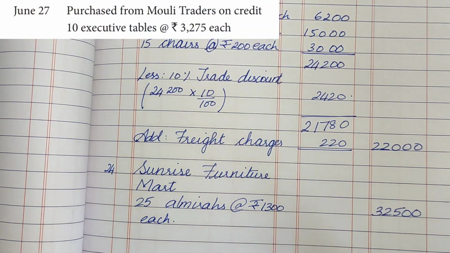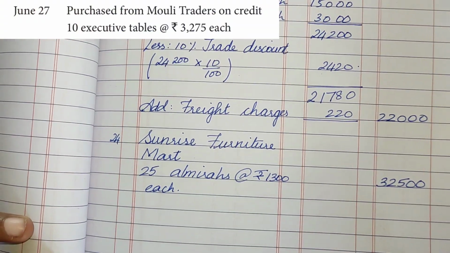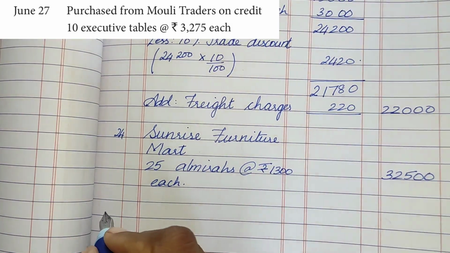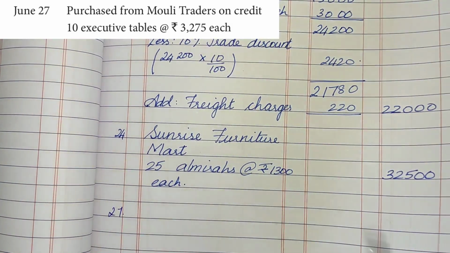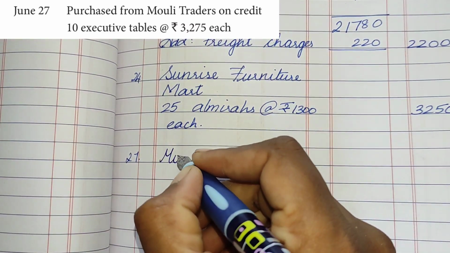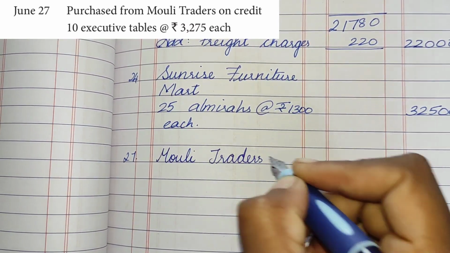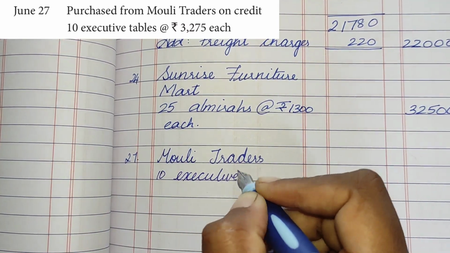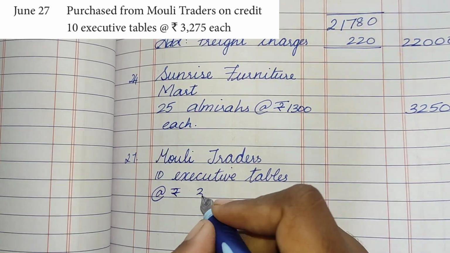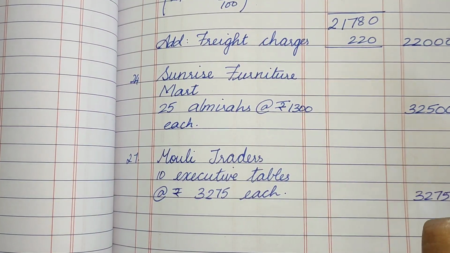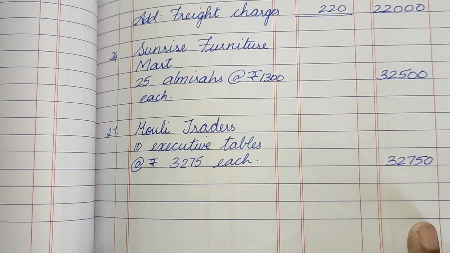Next, on June 27th, we have Mauli Traders who have purchased on credit 10 executive tables at 3,275 each. So we are going to record Mauli Traders because it is credit purchase, and then we are going to multiply the 10 into 3,275 and put it in the outer column.